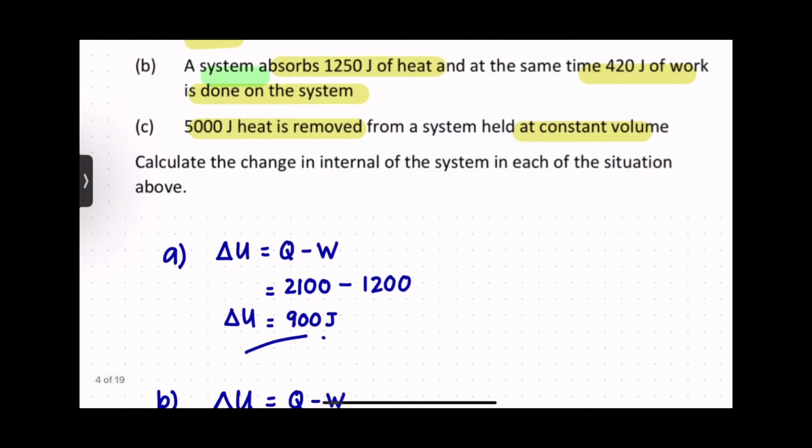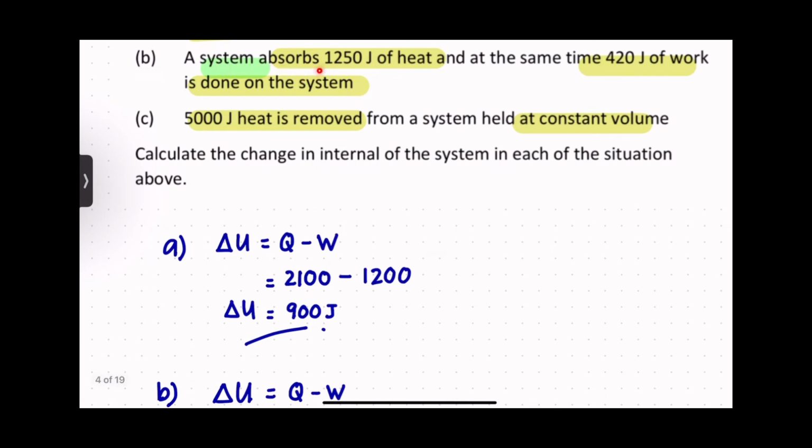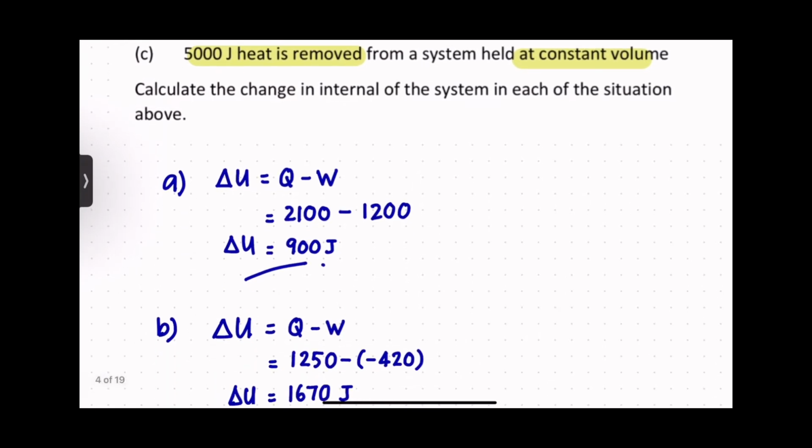Okay, next, question B. The system absorbs 1,250 joules of heat, positive Q, and at the same time 420 joules of work is done on the system. When work is done on the system, the work done here should be negative.